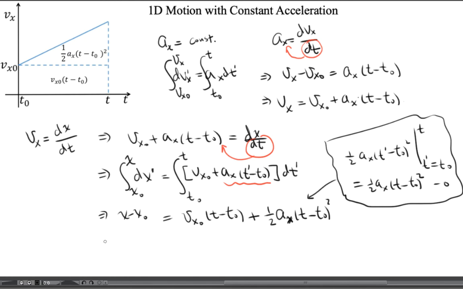Okay, so if I rearrange all these terms, I get x equals x naught, the initial position, plus the linear contribution vx naught times t minus t naught, plus the quadratic contribution due to the acceleration, 1/2 ax t minus t naught squared. Now if I look at the vx versus t diagram, I initially have this straight line linear relation with t.